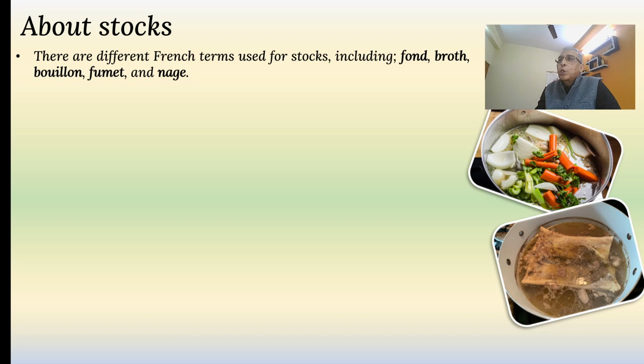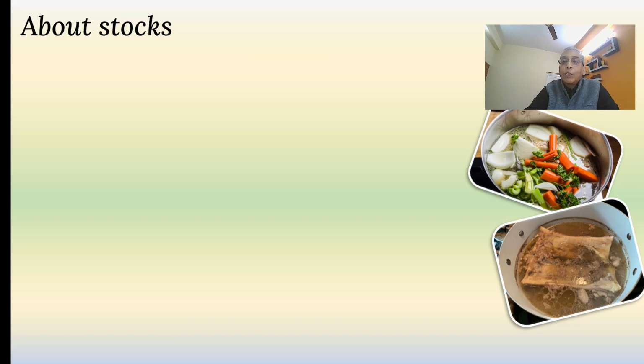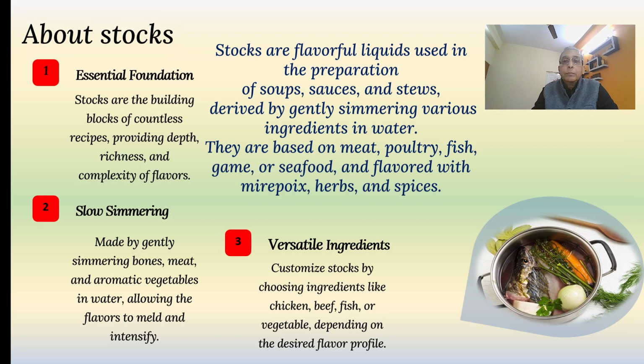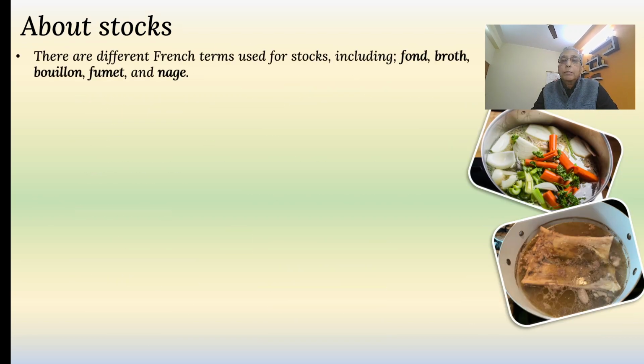Now there are a few points to be remembered, and they should be very clear in our mind. There are different French terms used for stocks, including fond, F-O-N-D, broth, bouillon, fumet, and nage.